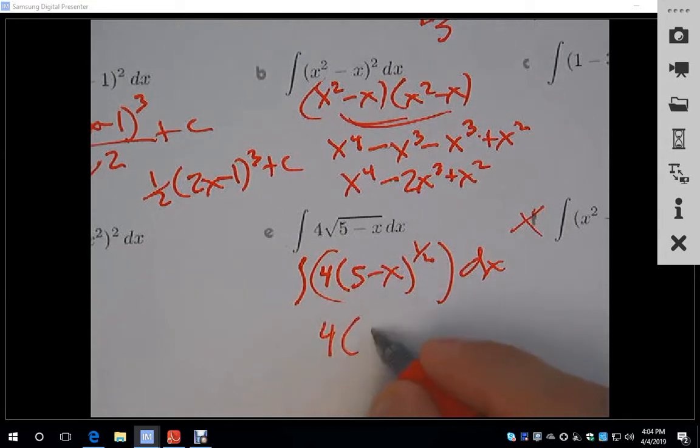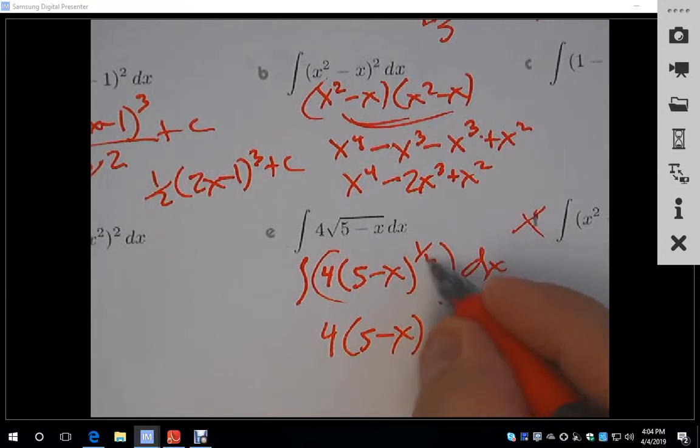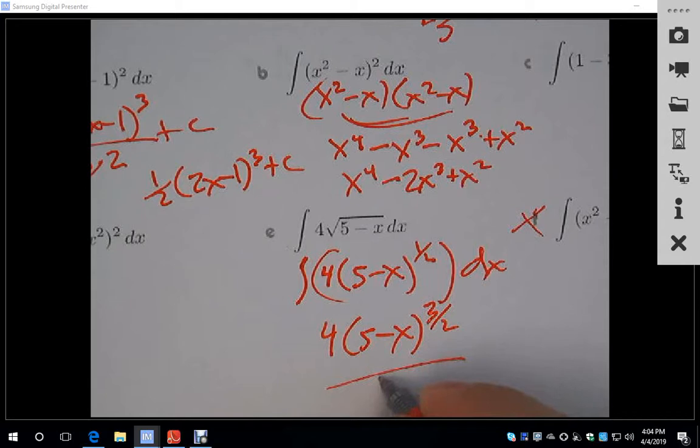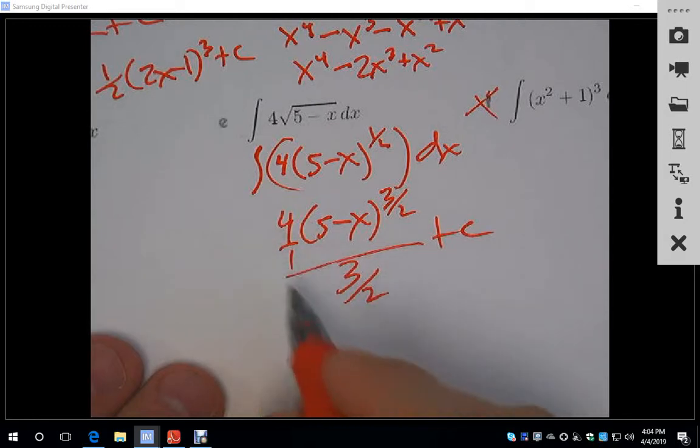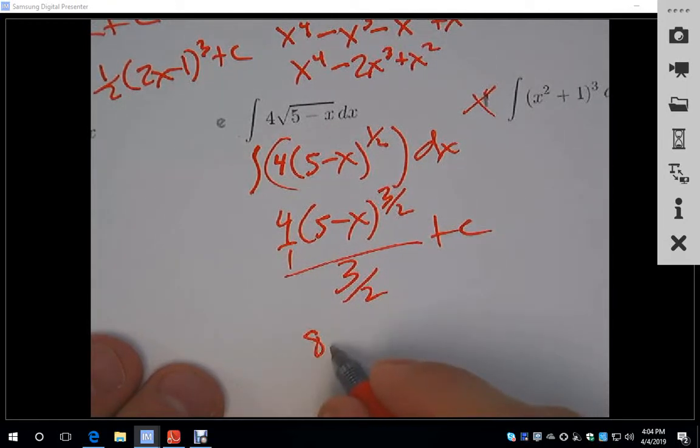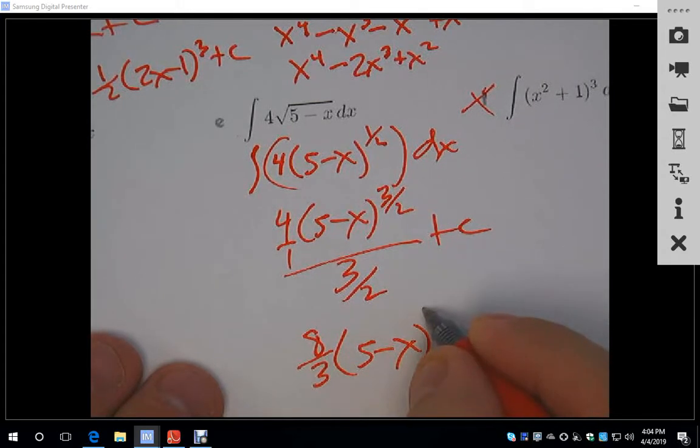So I have 4 times 5 minus x, and then we add 1, it gives us 3/2 divided by 3/2 plus c. We can take the reciprocal of the second fraction and multiply. That would give us 8 over 3. So 8 over 3 times 5 minus x to the power of 3/2 plus c.